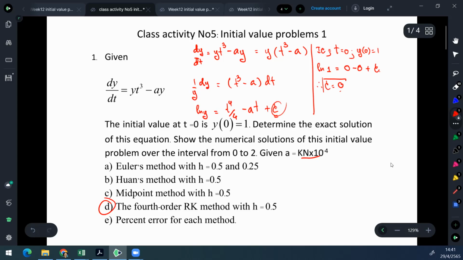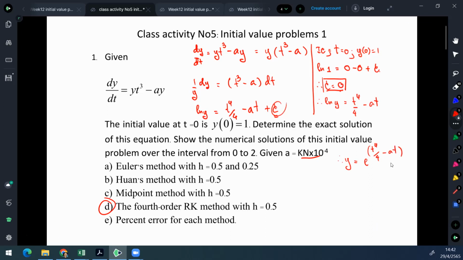So we have log y equal to t to the power 4 over 4 minus a t, and this means y is the exponential of t to the power 4 over 4 minus a t. This is our exact solution.